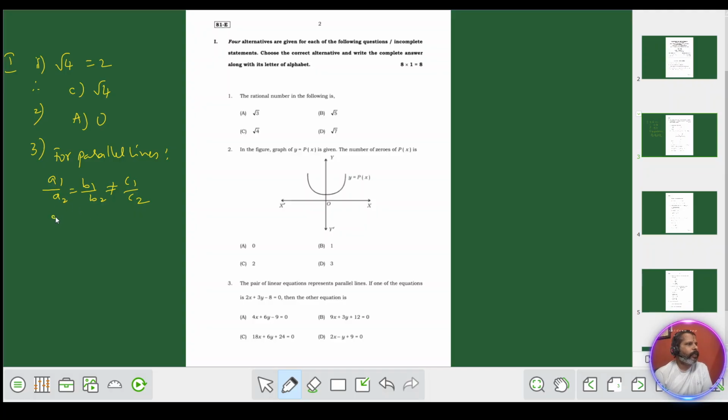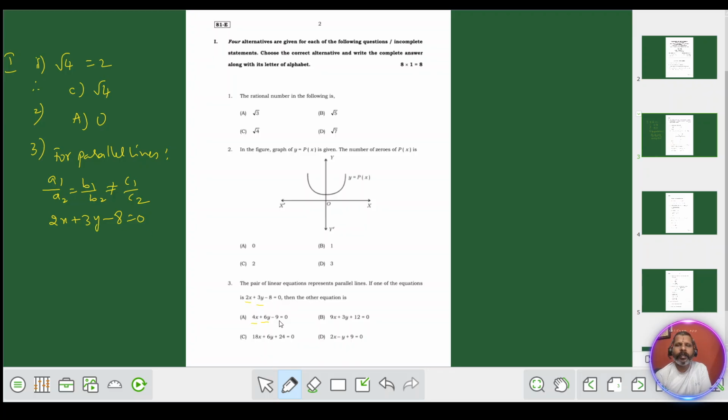One of the equations is given as 2x plus 3y minus 8 is 0. Just observe the ratios. Don't try to calculate for everything. Just orally you visualize it. Like 2 by 4 is 1 by 2, 3 by 6 is 1 by 2. Yes, we got the first two sets.